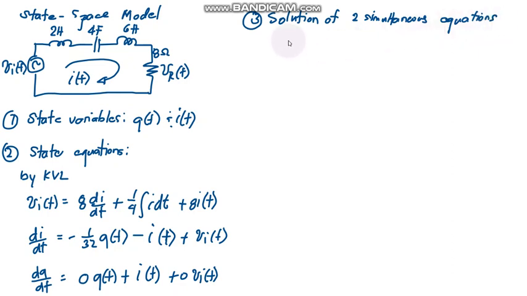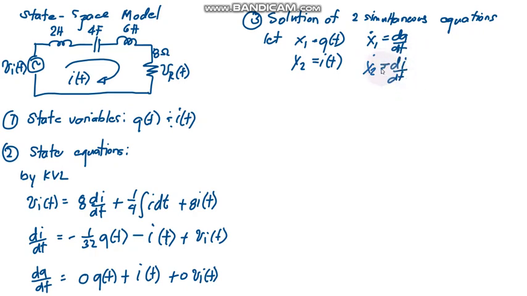So we let x1 be our q of t, and x2 be the I of t, and of course x1 dot, the first derivative, is dq over dt, and x2 dot is di over dt.